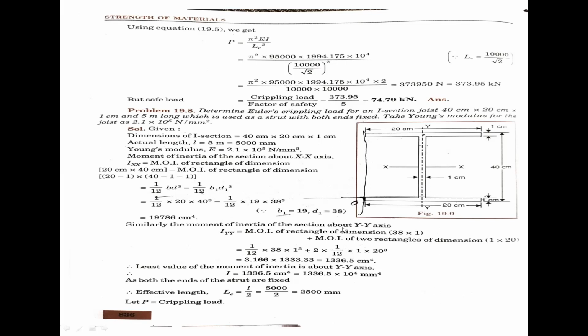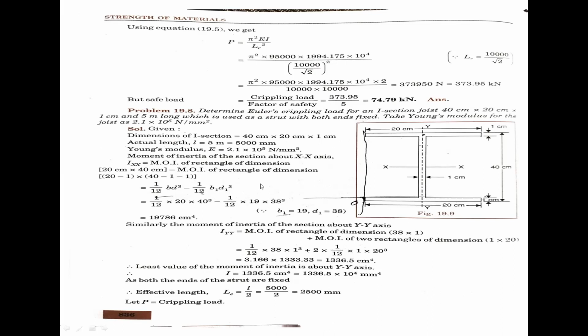Similarly, for the section about YY, use the web rectangle 38 by 1 plus the two flange rectangles 1 by 20, adding them finally gives 1336.5 centimeter to the power 4. The least value of moment of inertia is about the YY axis, so we take this value.